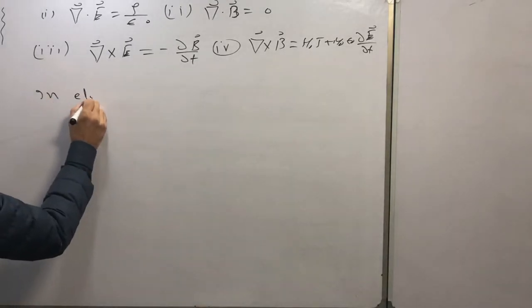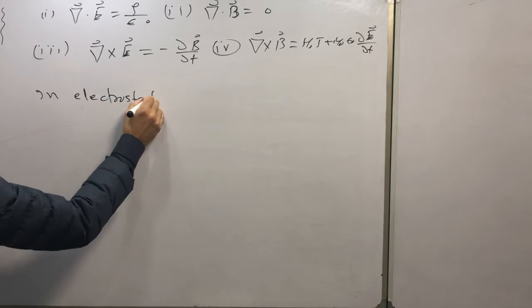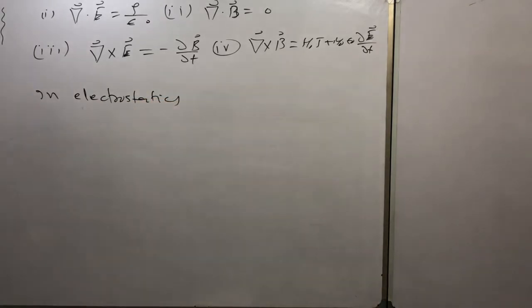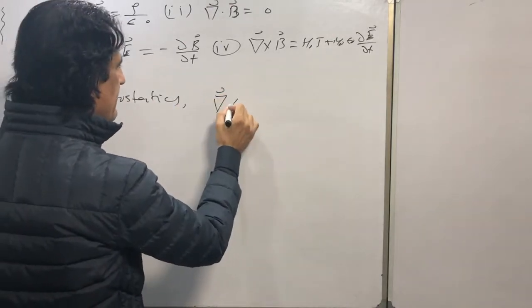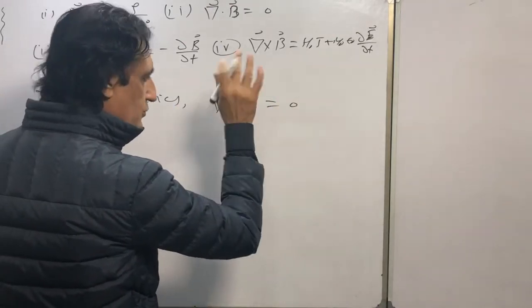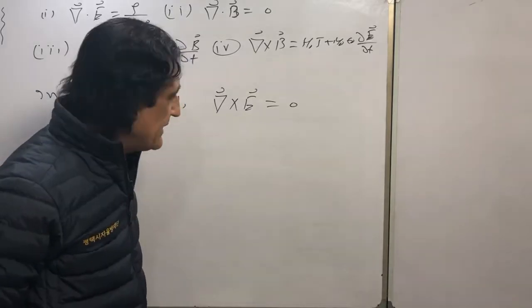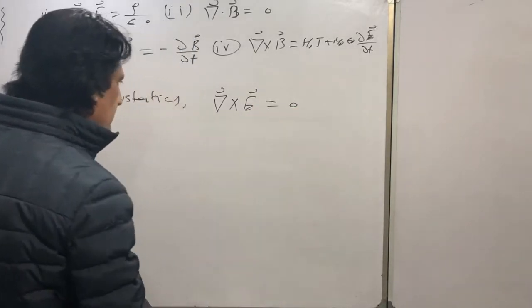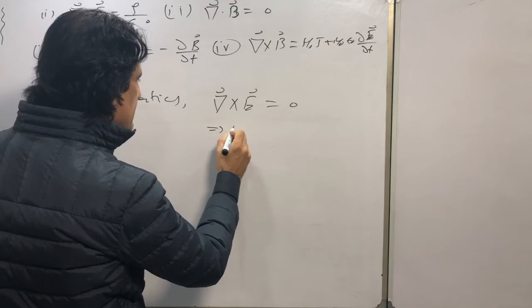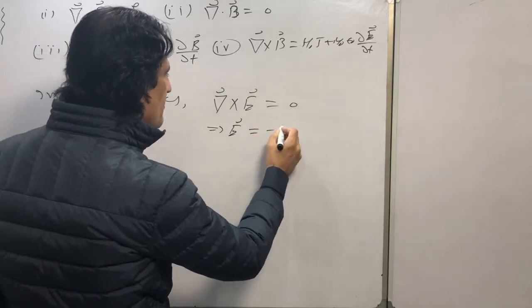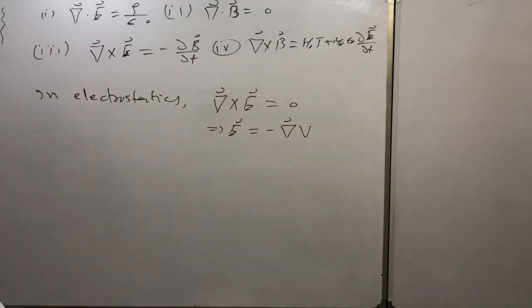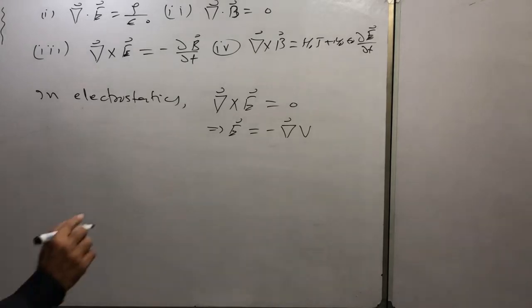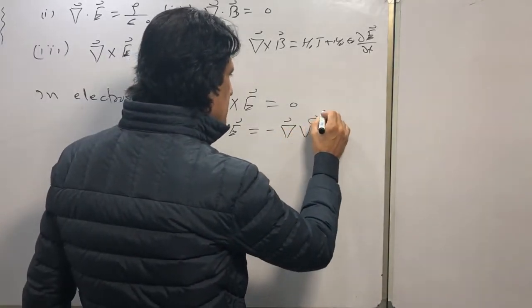In electrostatics, we know that del cross E is equal to 0. In electrostatics, del cross E equals 0 means that the electric field will be equal to minus del V, where V is the electrostatic potential.